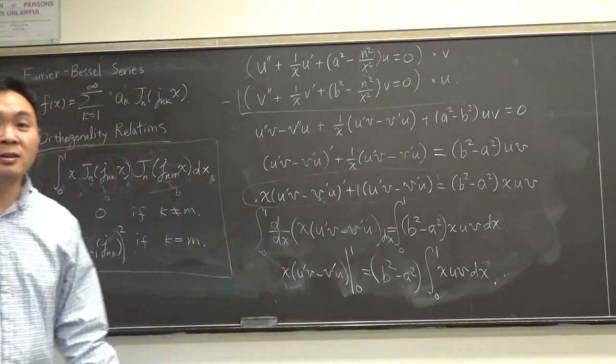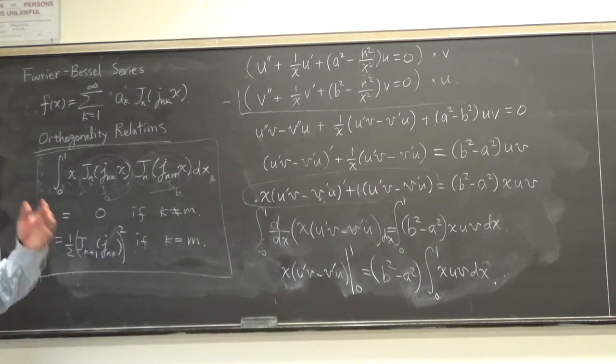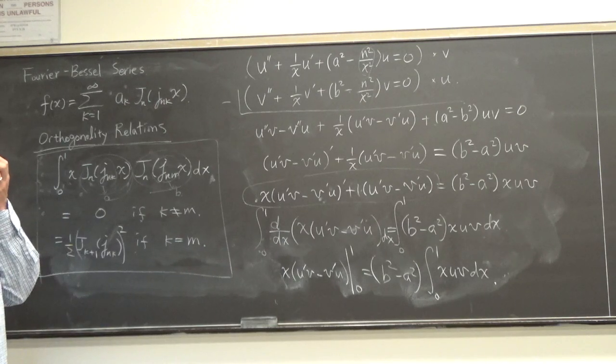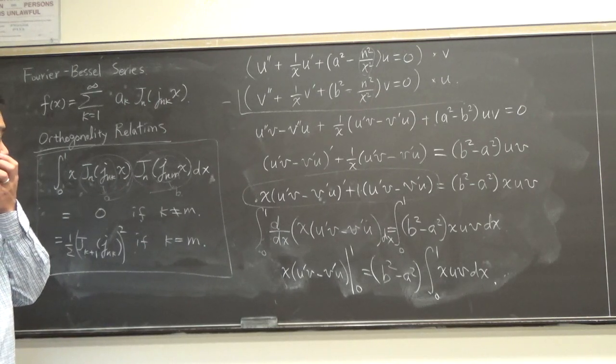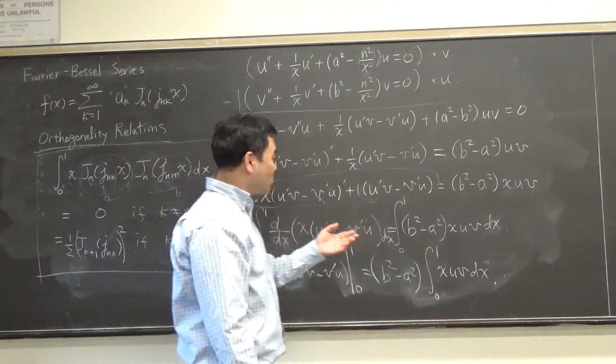Should the right side of the integral, from 0 to 1, b squared minus a squared x uv, be b squared minus a squared uv, because you are taking the derivative of the left side? It's only the left side. Right side, we didn't really do anything.